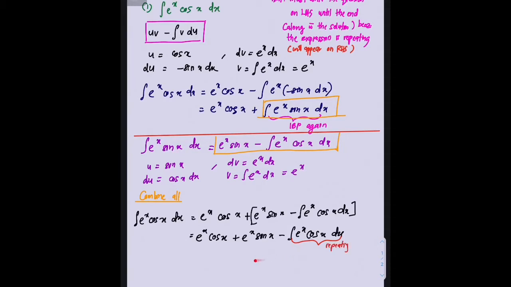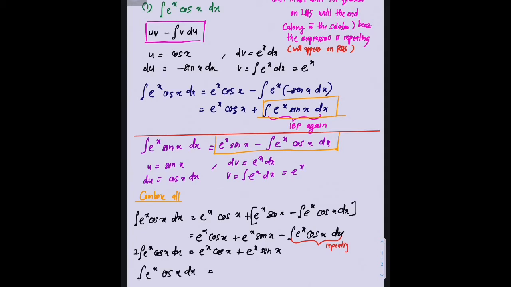So when you move this one to the left hand side, you will get 2 of the integral of e power of x cos x dx, which is actually equivalent to e power of x cos x plus e power of x sin x. And then you just want to solve for the integral of e power of x cos x dx.